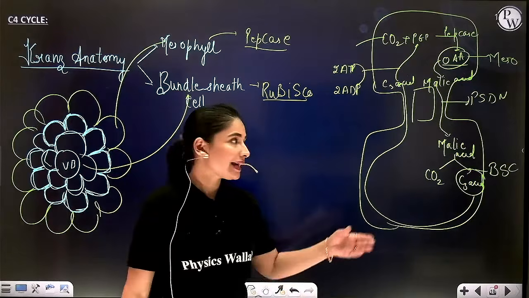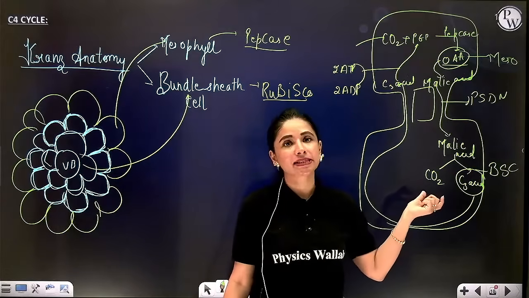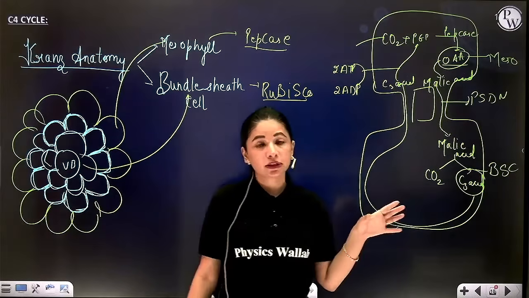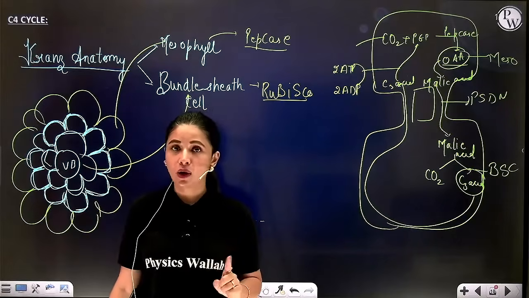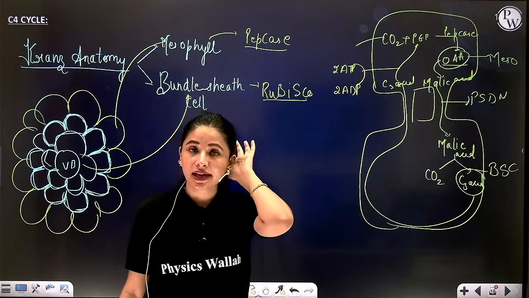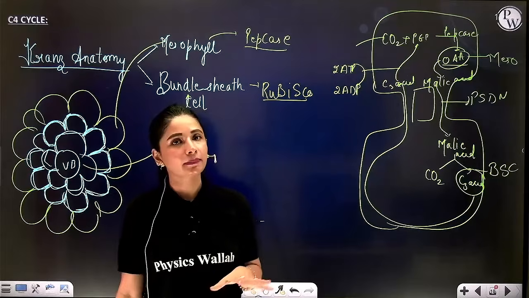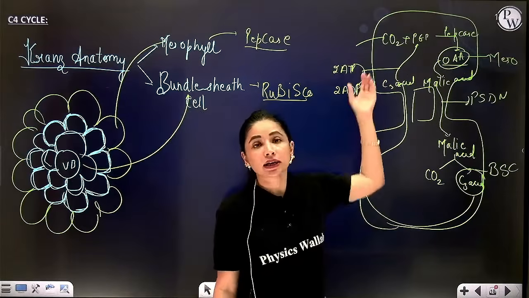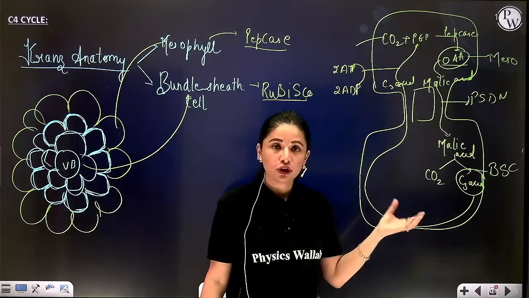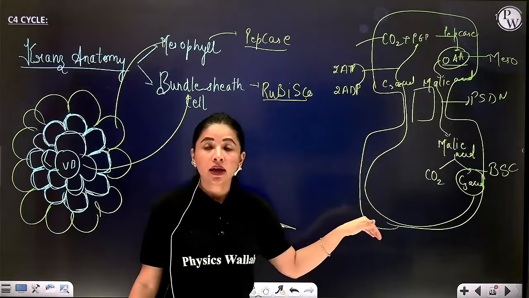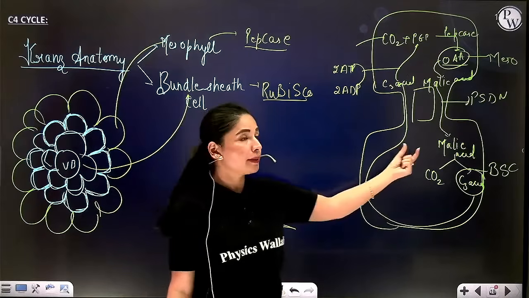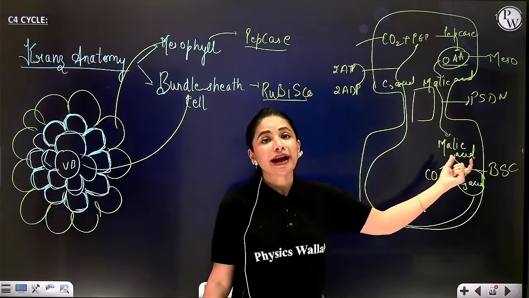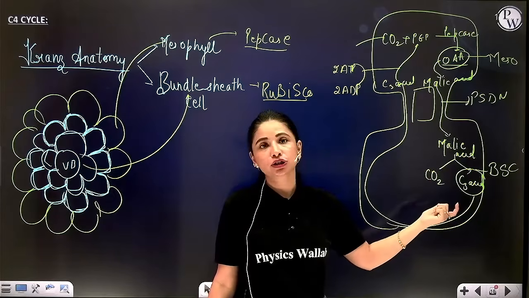Now you can see in the bundle sheath cell you have CO2, correct? Bundle sheath cells are thick walled and impervious to gaseous exchange, so whatever gases come inside come through the mesophyll cell. Due to the breakdown of malic acid, CO2 is produced.